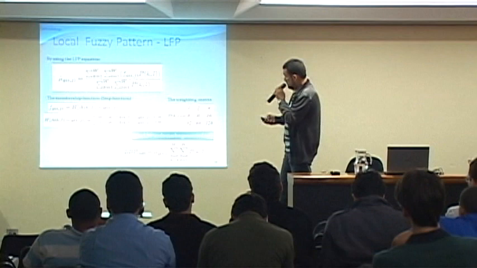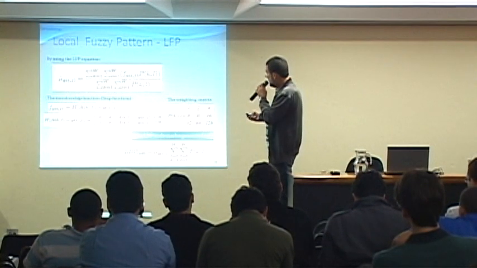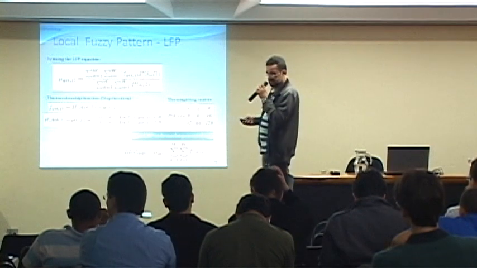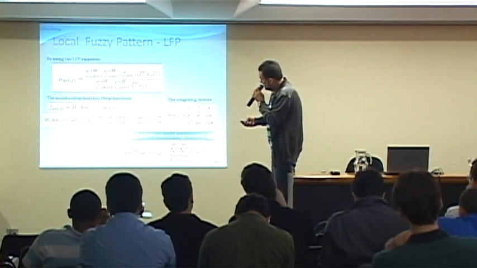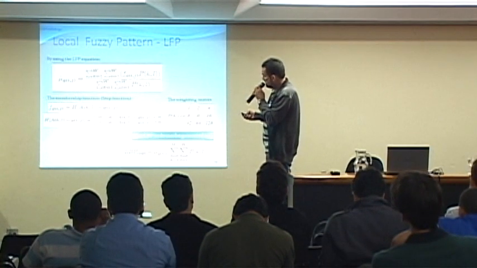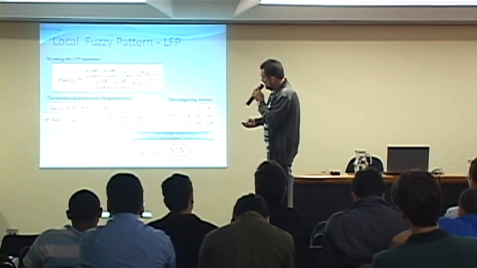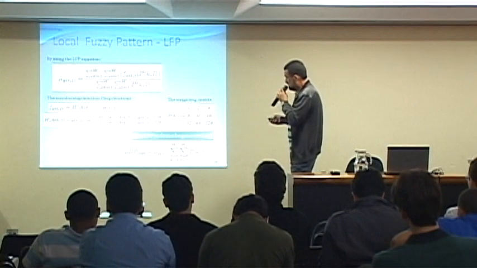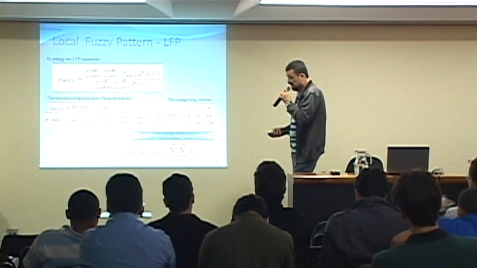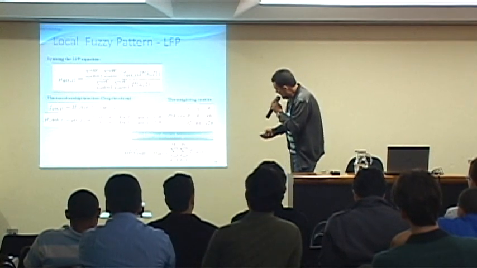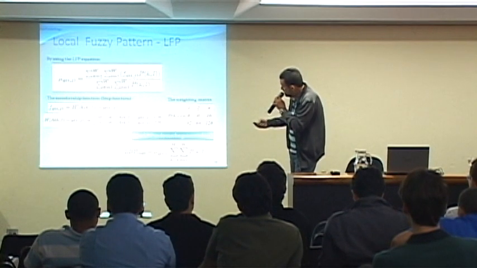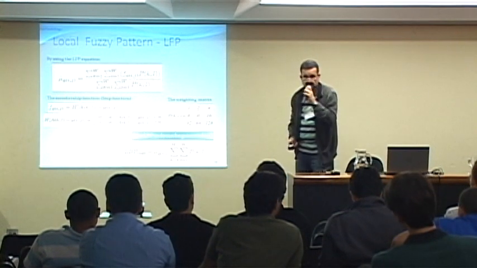If we use our LFP equation with the step function for the membership function, and the weighting matrix this way, we have the LBP code if we multiply the membership degree by the summation of the matrix.